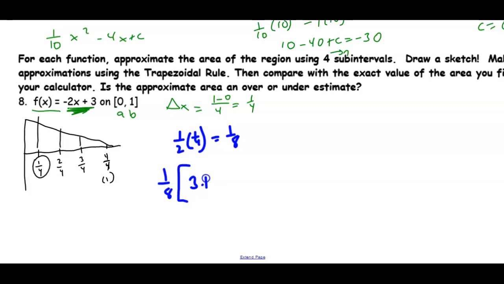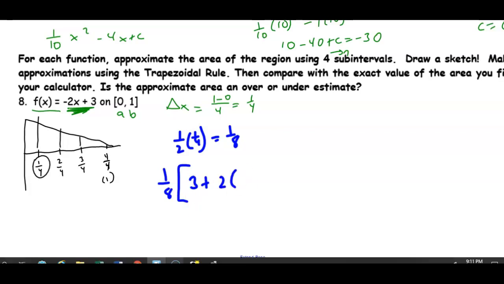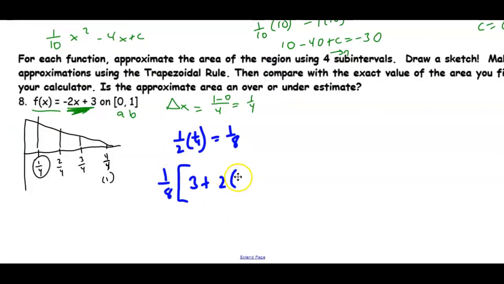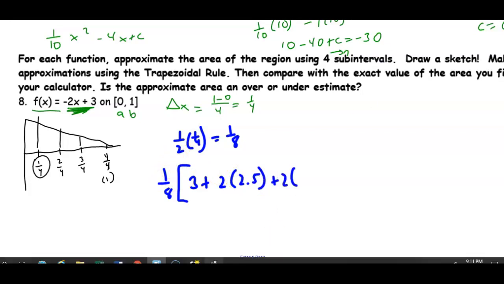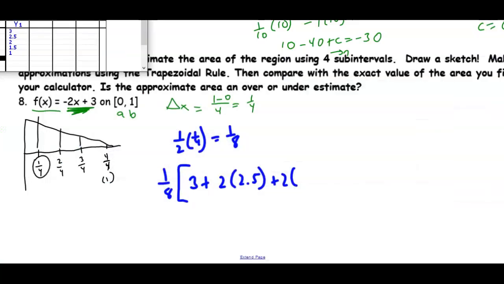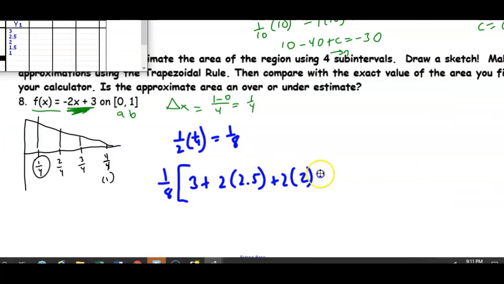It was 3, plus 2 times 2.5, plus 2 times 2, then 2 times 1.5, and then 1 was 1, like that.